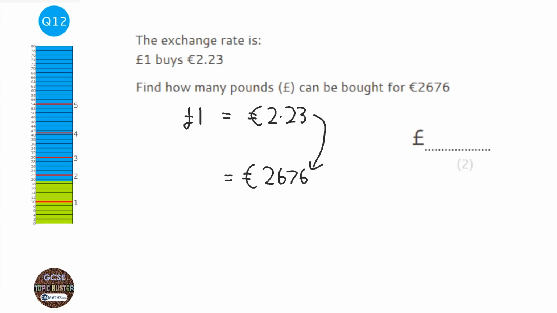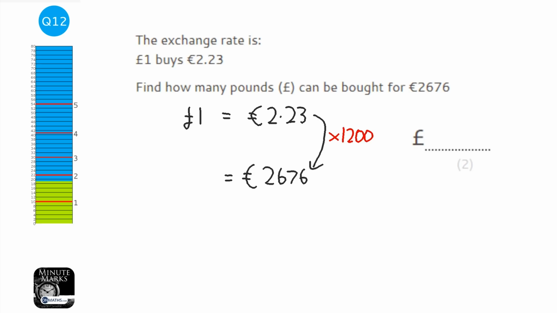Now the way of doing that is 2676 divided by 2.23, and all on the calculator. So we know we've got to times that by 1,200, which is what the calculator told me when I did 2676 divided by 2.23.